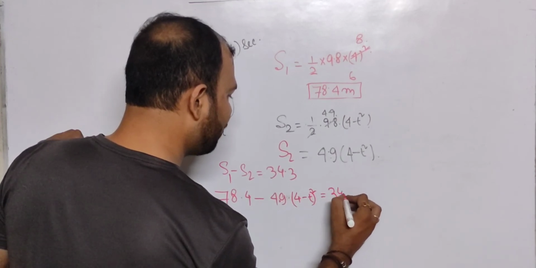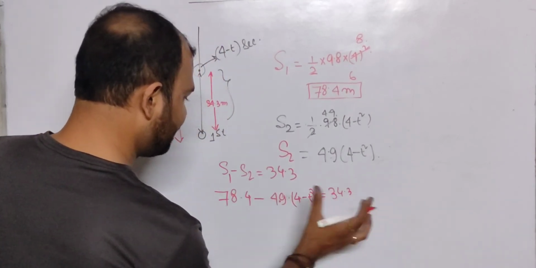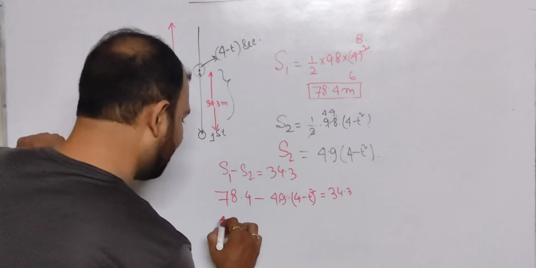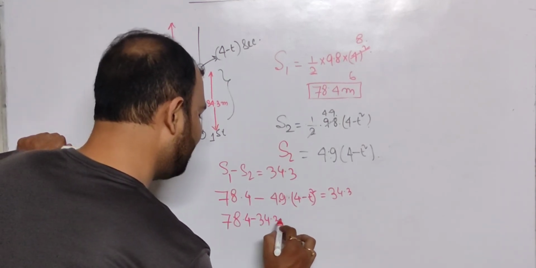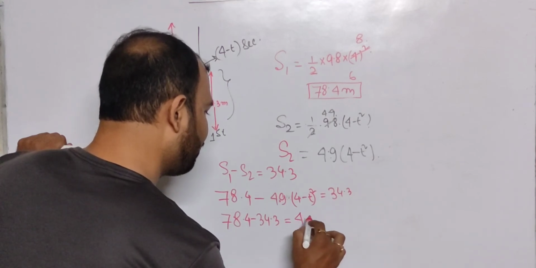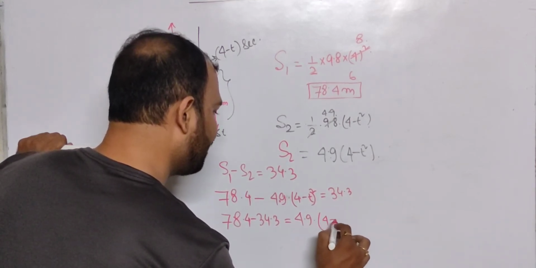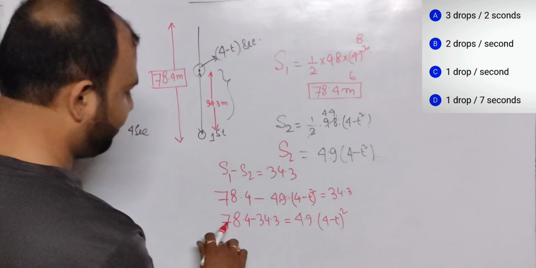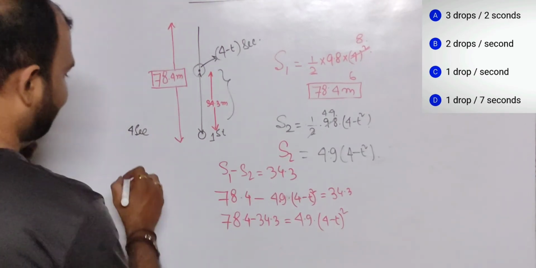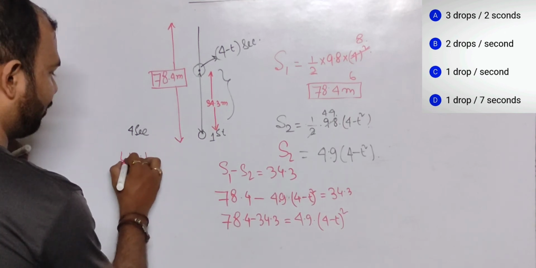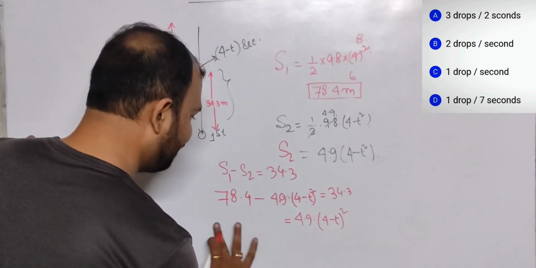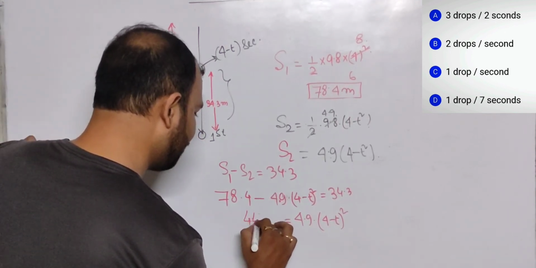So 34.3 equals 78.4 minus 4.9 into (4 minus t) square. Take this and take 78.4 minus 34.3 equal to 4.9 into (4 minus t) whole square. If you subtract this, we'll get 44.1.